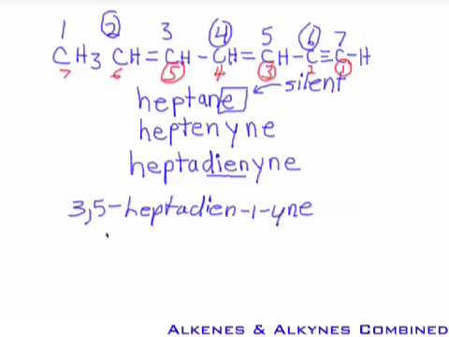The better IUPAC method since 1993 is hepta-3,5-dien-1-yne. Okay. Now, what you notice here is we picked the lowest number, even though the lower priority group was given the lowest number.